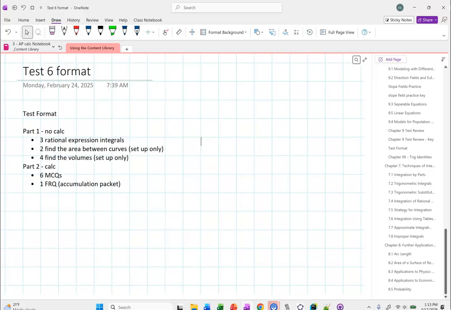Yes? Do we do integration by parts this year? I'm going to teach it to you. It's not part of the AB exam, although you could use it there and they wouldn't mark it wrong. So we're going to do integration by parts. We're going to look at trigonometric substitutions. We'll look at improper integrals.